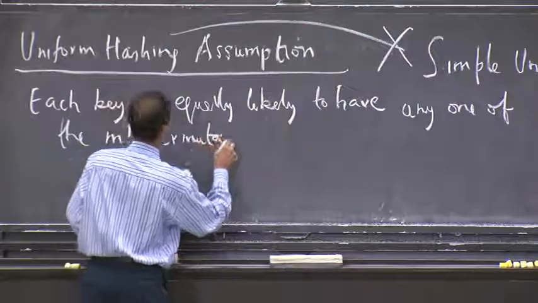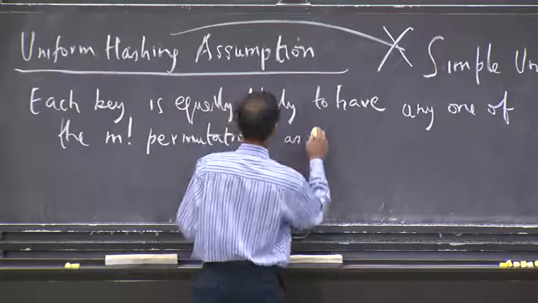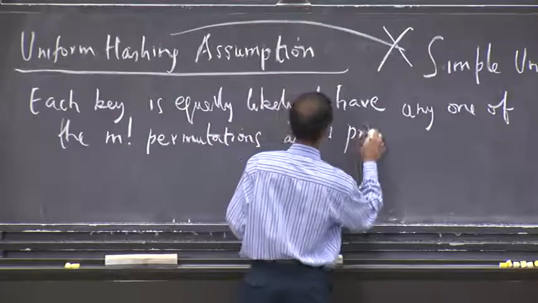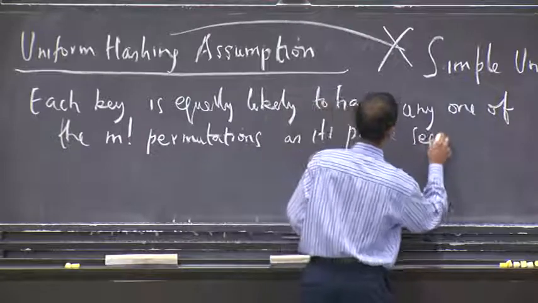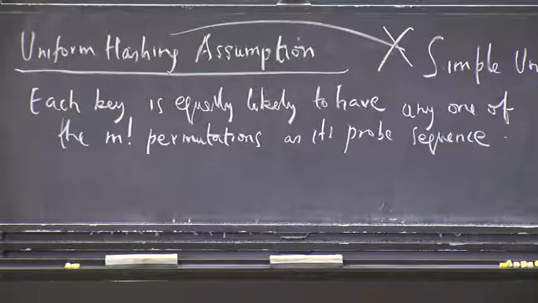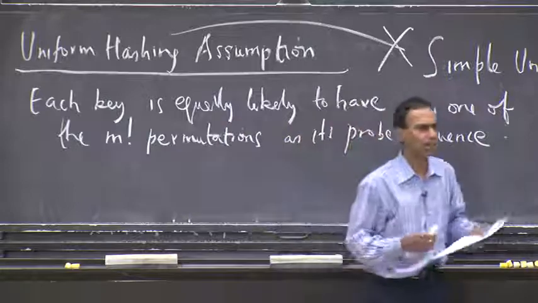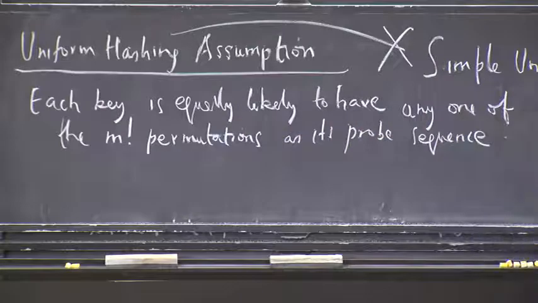So we're talking about random permutations here as its probe sequence. All right? This is very hard to get in practice. You can get pretty close using double hashing. All right? But nobody's discovered a perfect hash function, deterministic hash function that satisfies this property, at least not that I know of.